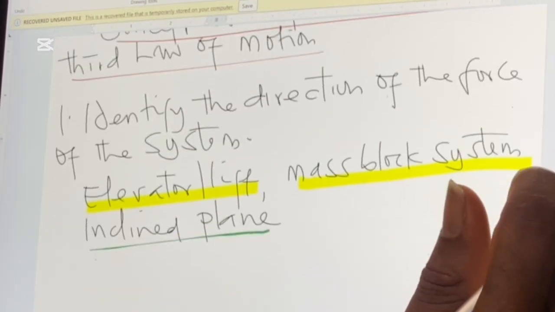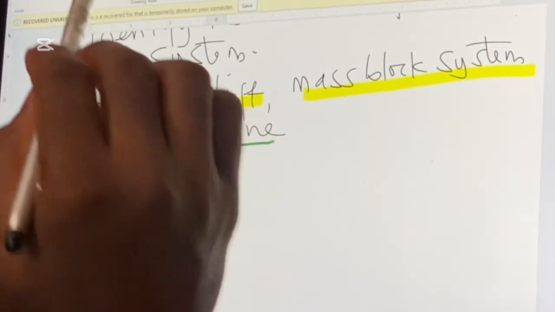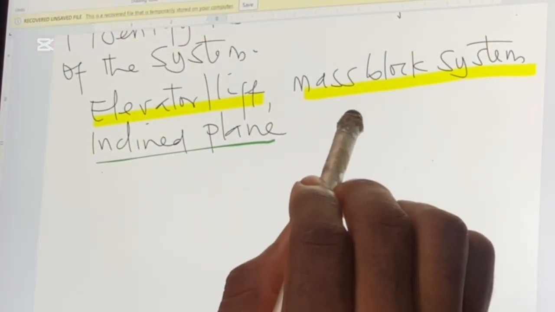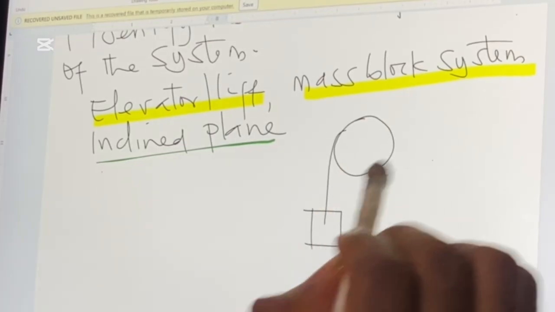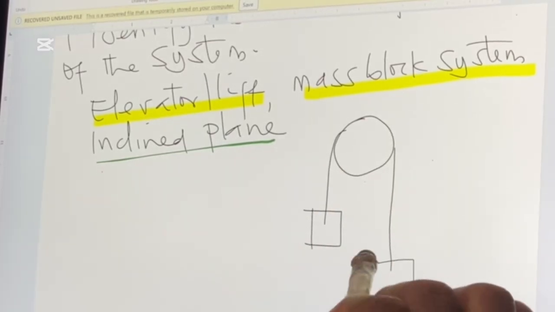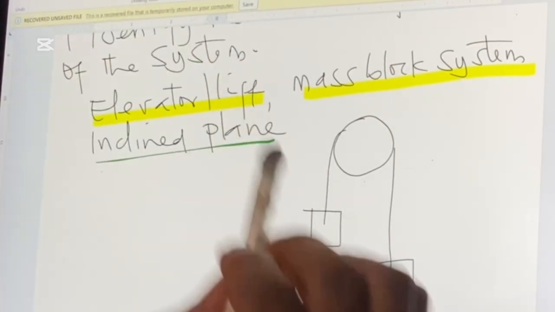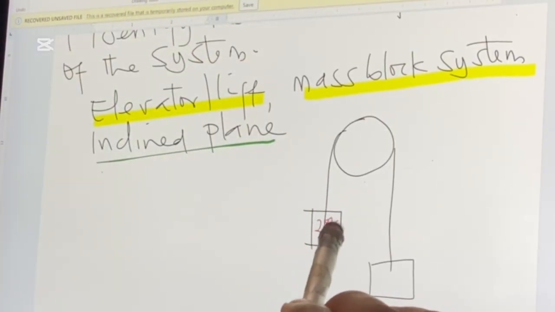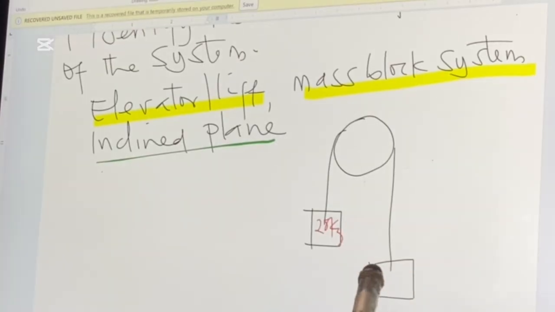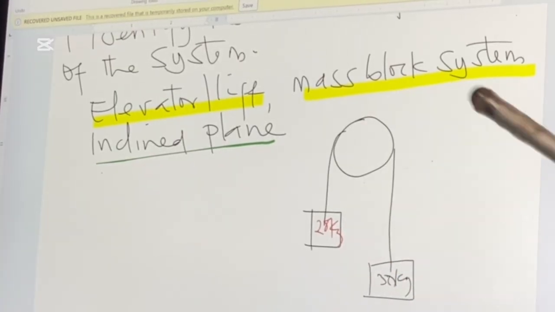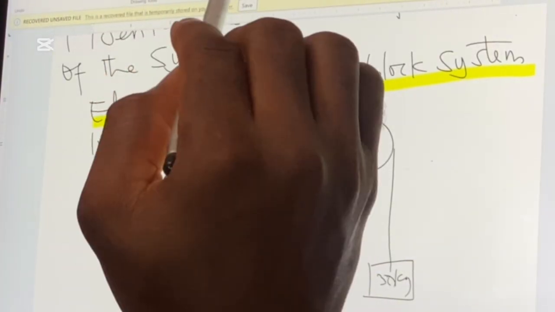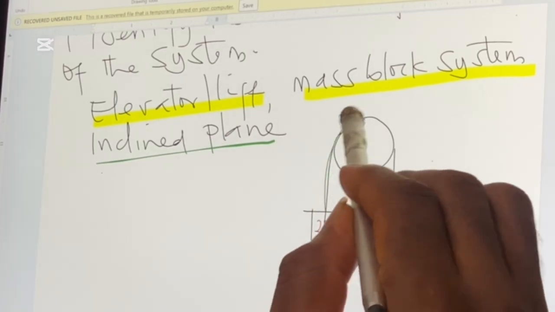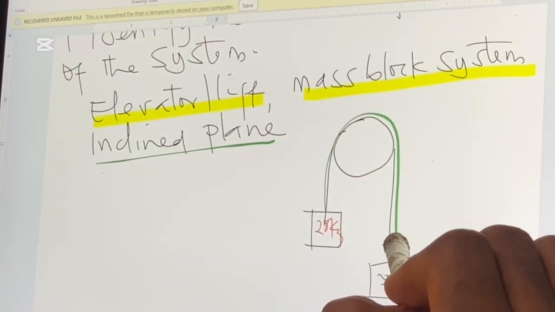For example, if I have this system, something like this, and this block is 20 kg and this one is 30 kg, of course, the system will always go to the greater mass. That is, this guy here will move to this place here. You get that now?